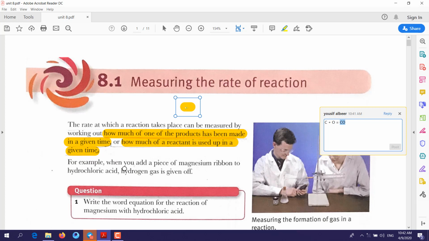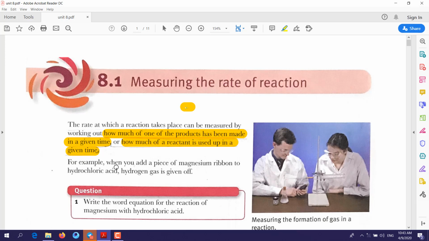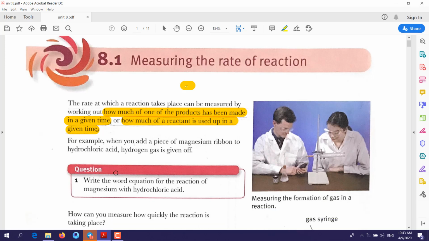For example, when you add a piece of magnesium ribbon to hydrochloric acid, hydrogen gas is given off. Let's try to find which substance is the reactant and which one is the product.